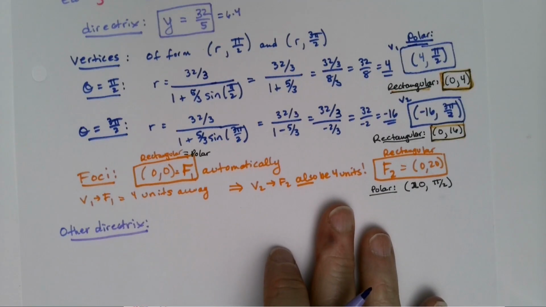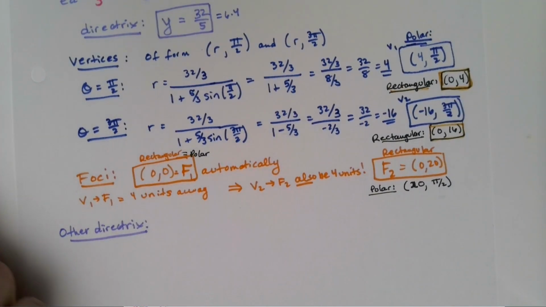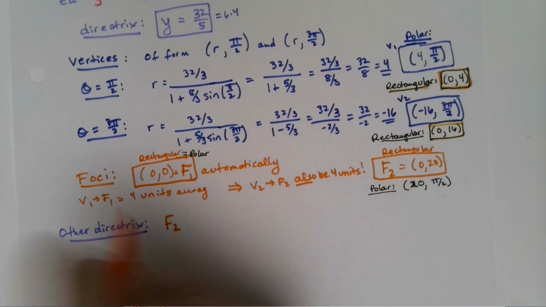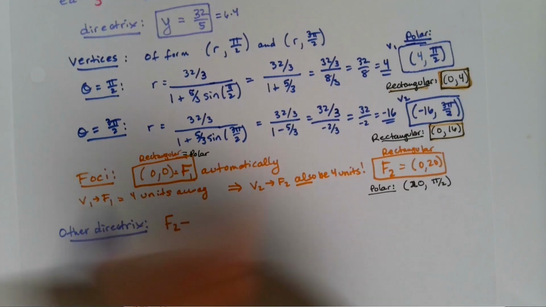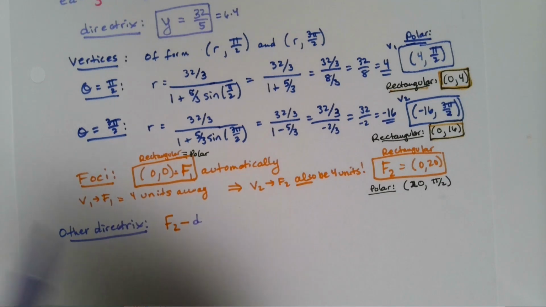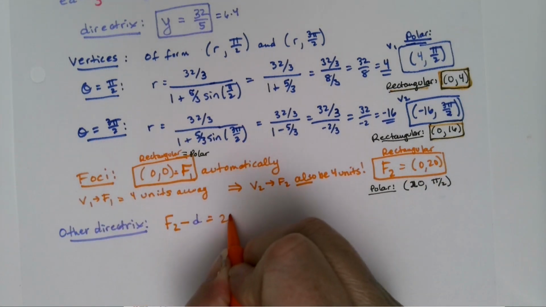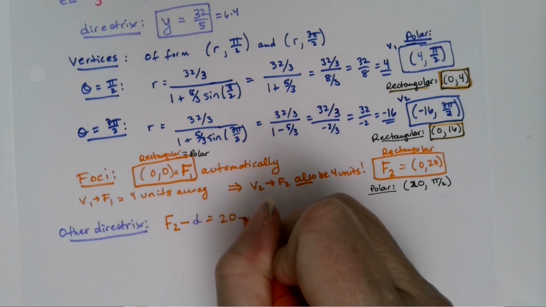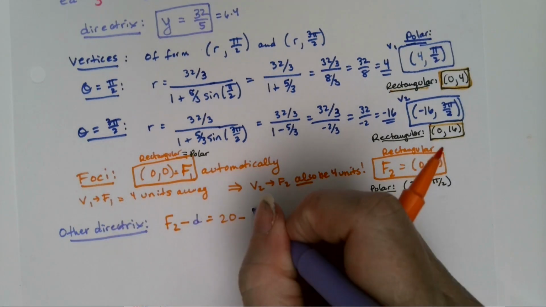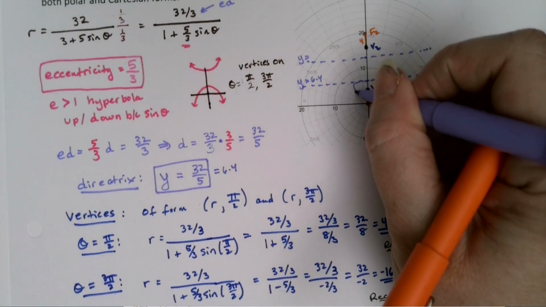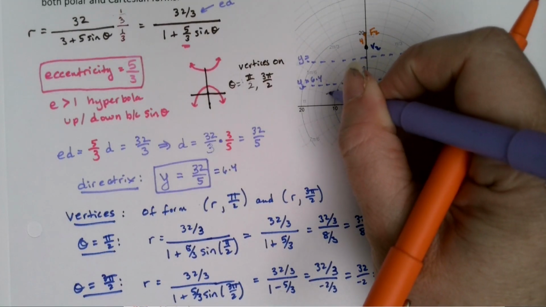So let's see. F2, focus 2, take away D must be equal to, well, F2 is at 20, take away, and then I know it's 32 over 5, because it has to be the same distance. In other words, this distance is 32 over 5.